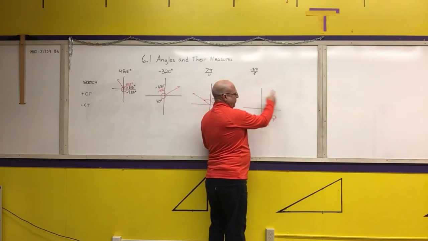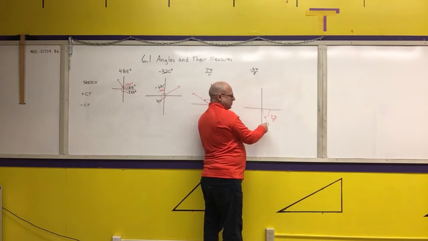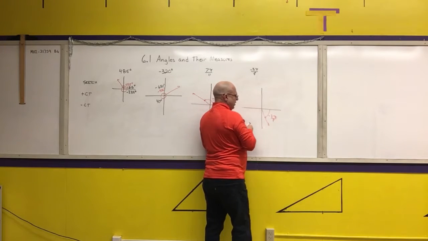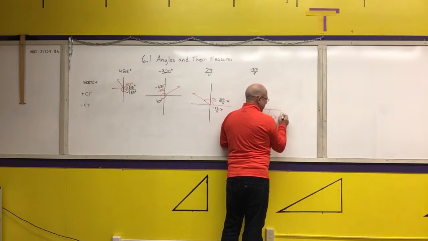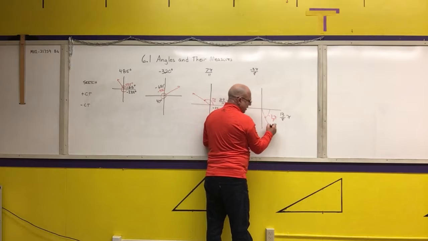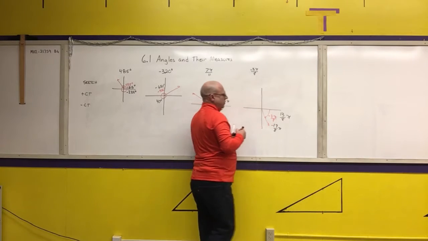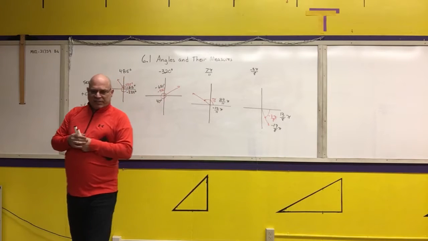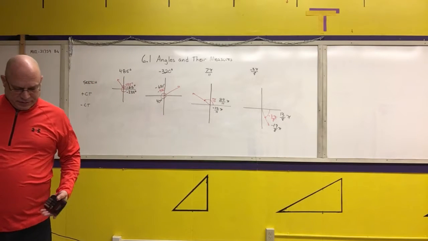Two pi for a full revolution to get back here from the positive side would be 16/8. So 16 minus 3 would be 13/8 of a pi. Subtract 16/8 from that, and I get negative 19/8 pi. So that's the first type of homework problems you have.